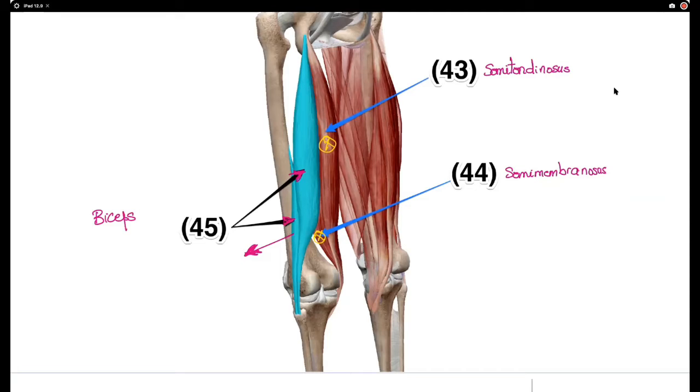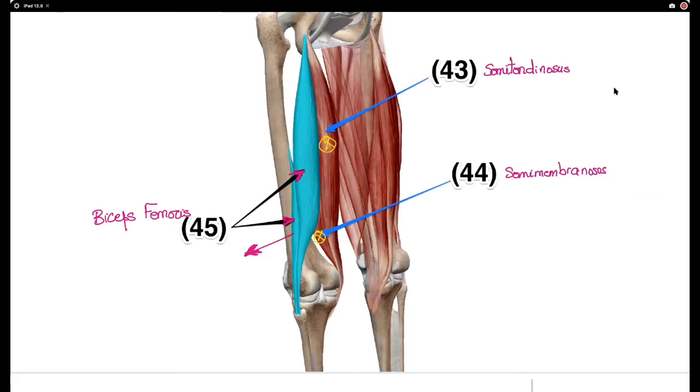And related to the thigh, so what do we call it? Something related to the thigh is femoral, so we're going to call this my biceps femoris. Biceps femoris. What's going to be the action of all the three of them?